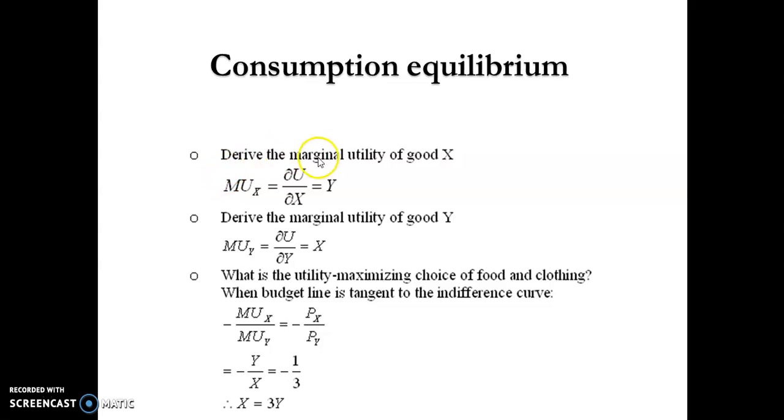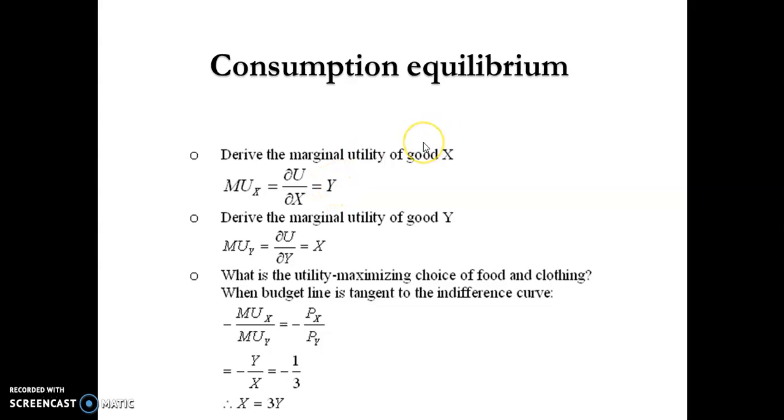To derive the marginal utility of good X, MUx, this is the first order partial derivative of your utility function with respect to x, and it is equal to y.